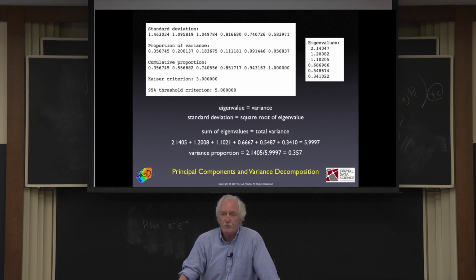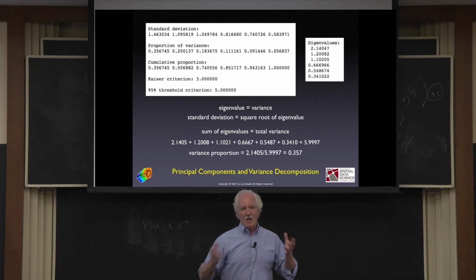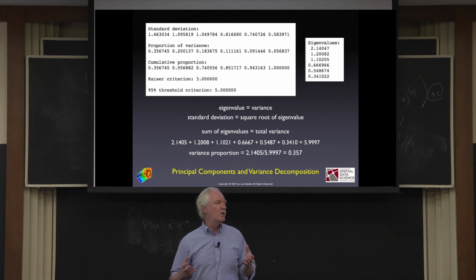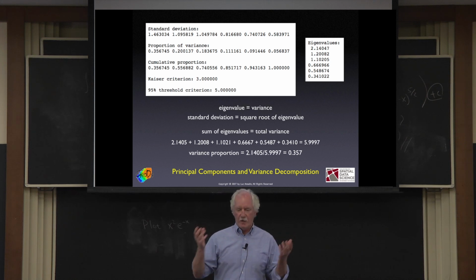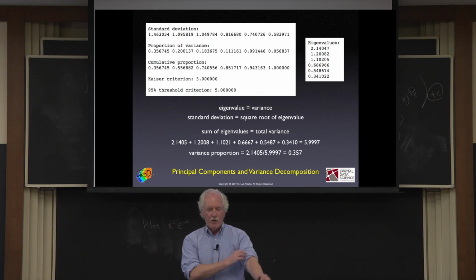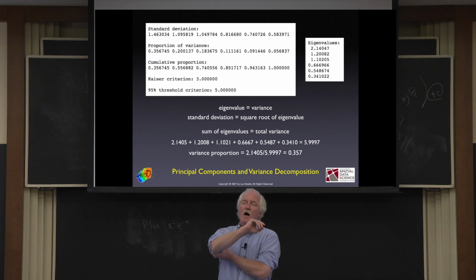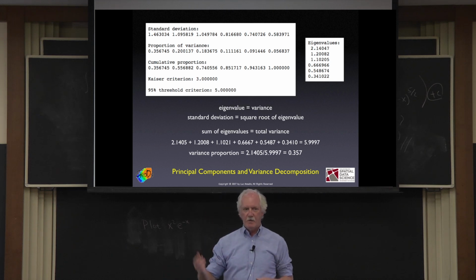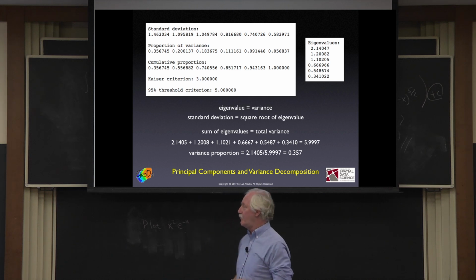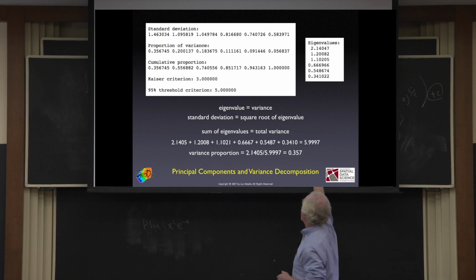So this is, in a sense, kind of the magic of these eigenvalues. They turn out to be the variance explained. You don't have to do anything special. And then we can, of course, figure out how much of the total variance is explained by each of these principal components. So again, take your calculator, add up these 6 numbers. That is the total variance, about 6.